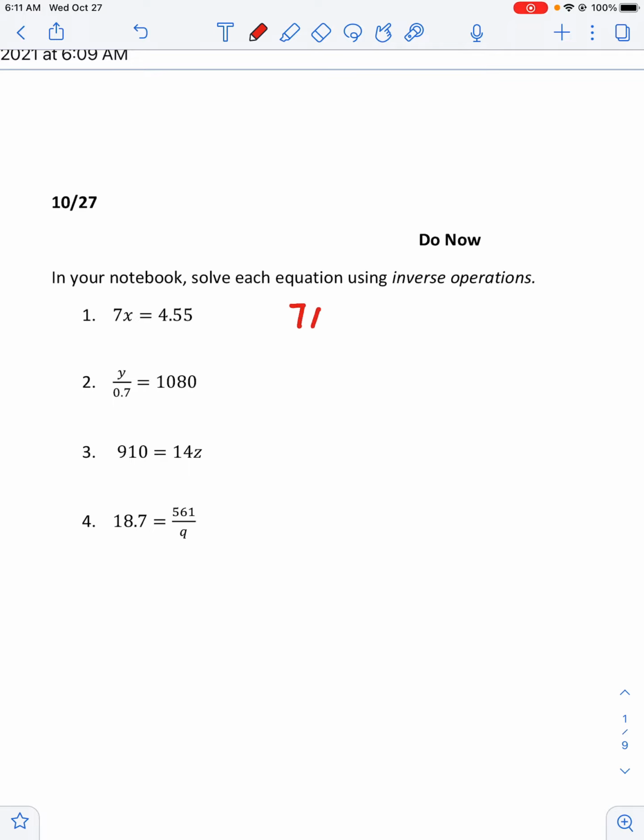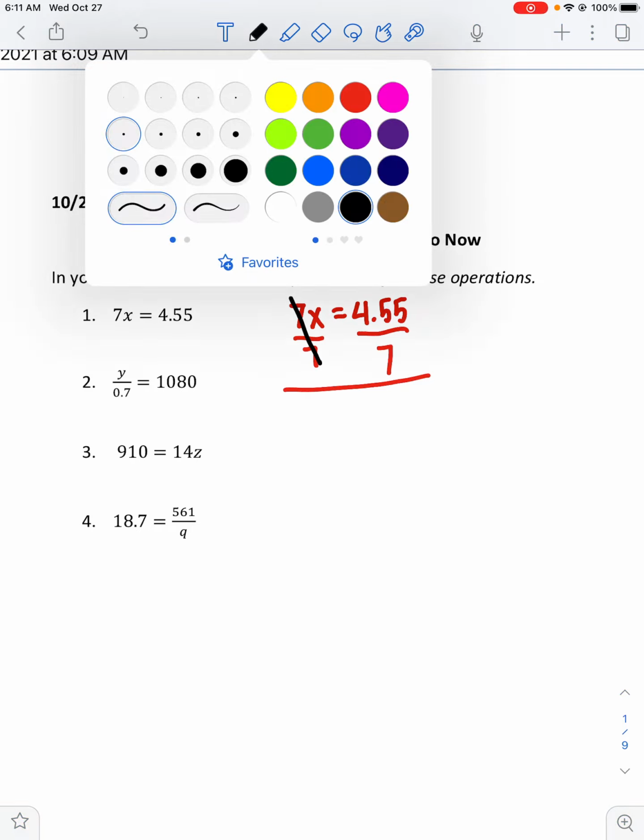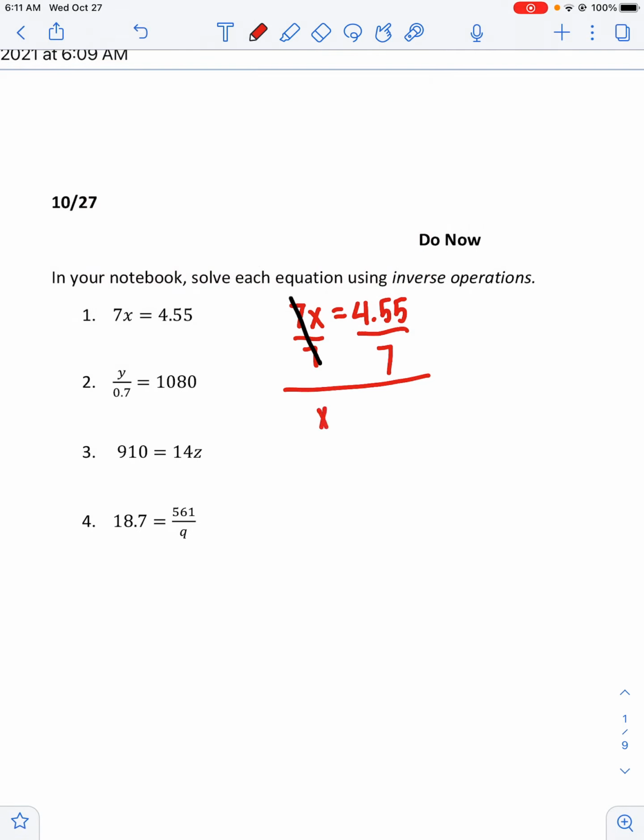If I have 7x equals 4.55, I know that I need to get x by itself. So I'm going to go ahead and divide by 7. And if I divide both sides by 7, I end up with x all by itself.